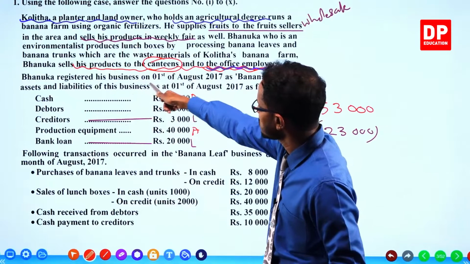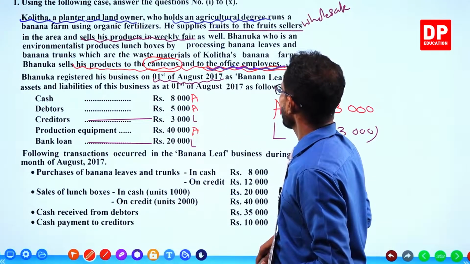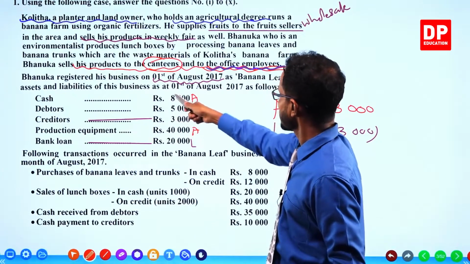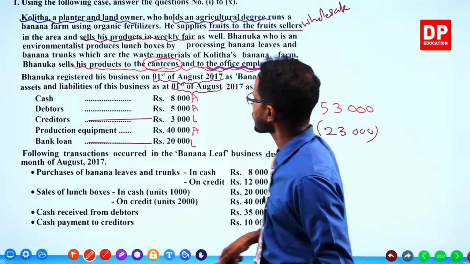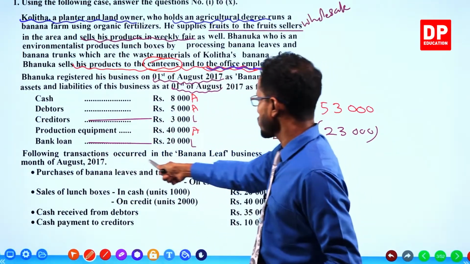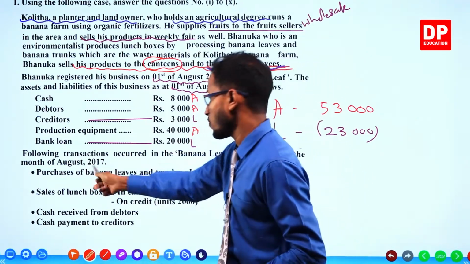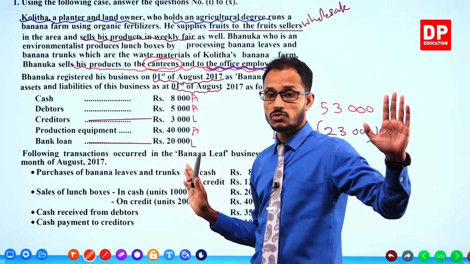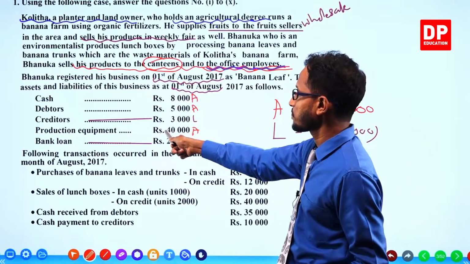Bhanuka registered his business on 1st of August 2017. Assets and liabilities as at 1st of August given below. We took all these. The following transactions occurred in the banana leaf business during the month of August, not relevant to the 1st of August assets and liabilities. 1st of August assets and liabilities, only these ones.